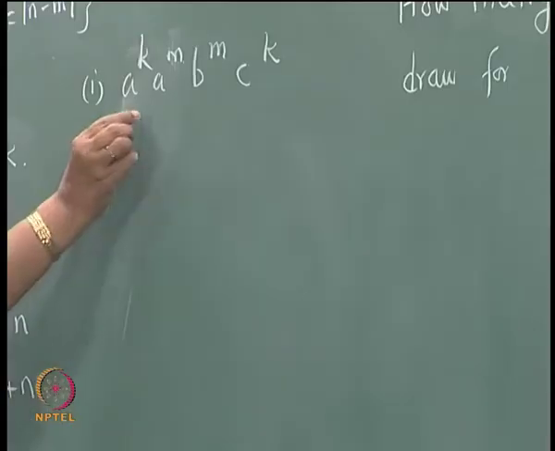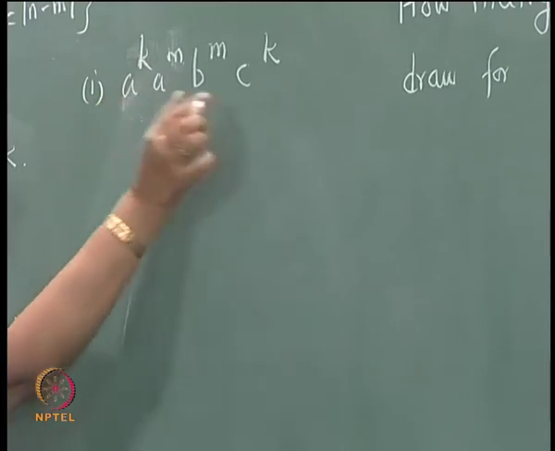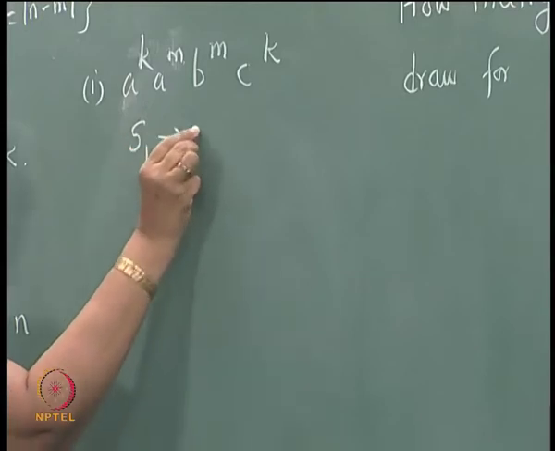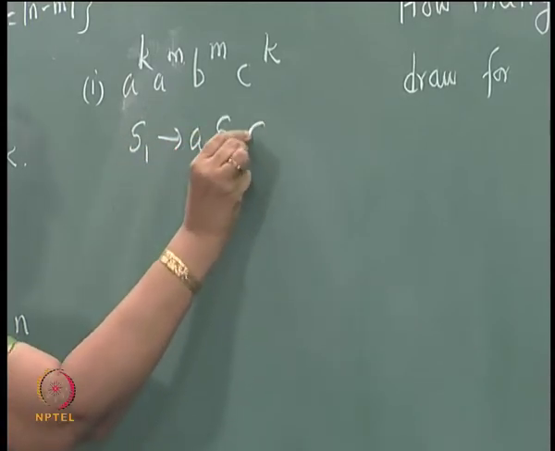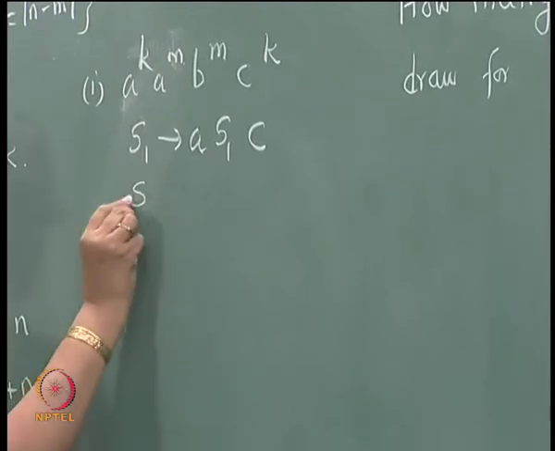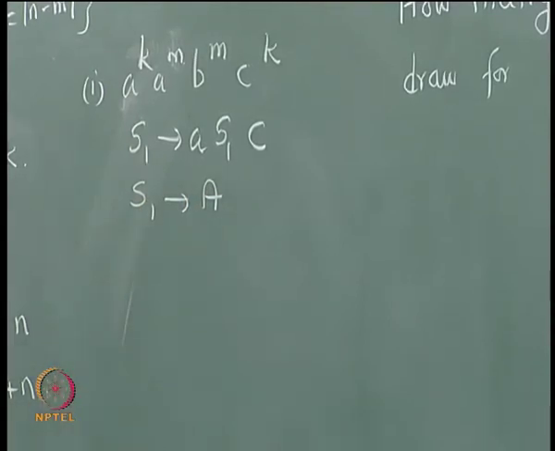Now, this one should be generated by S1. First, you can generate an equal number of A's and C's by having the rule S1 goes to A S1 C. After generating an equal number of A's and C's, you may go to a non-terminal A, because you can use unit productions; only in certain cases you have to avoid them.